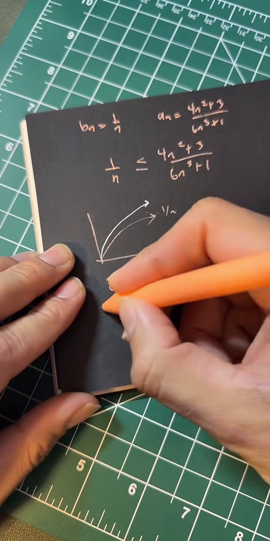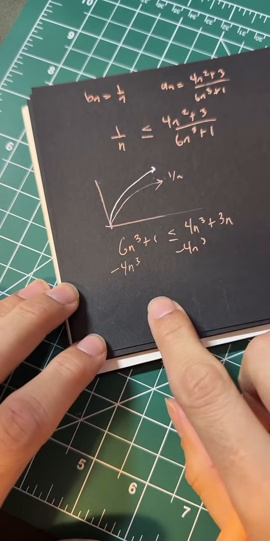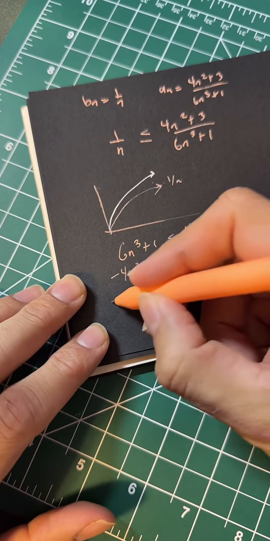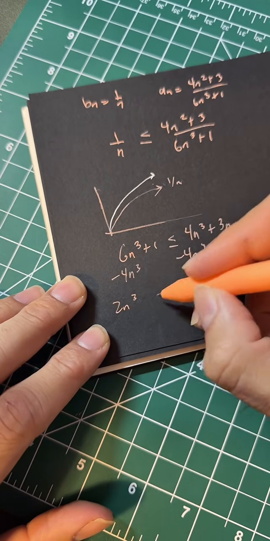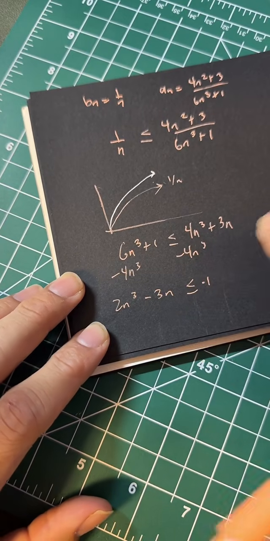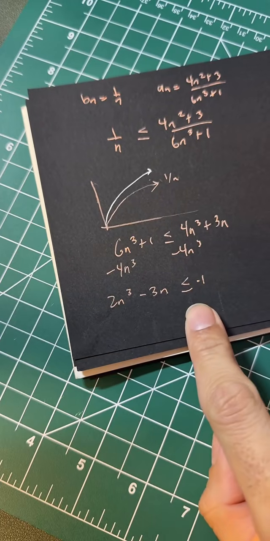This is where things get hard, and this is why comparison tests are a pain. I always do it as my last resort, but you have to show that this is true. So we'll have 2n cubed minus 3n is less than or equal to negative 1. What I did is bring the 3n to the other side. And I don't think this is true.